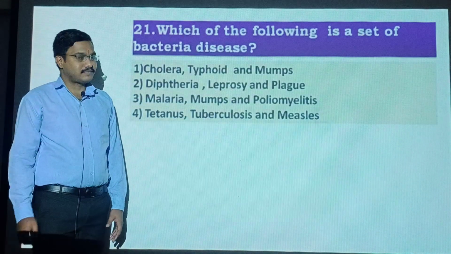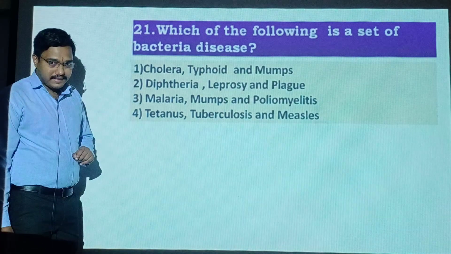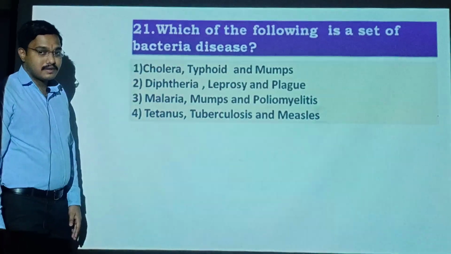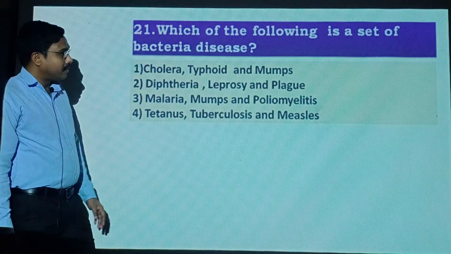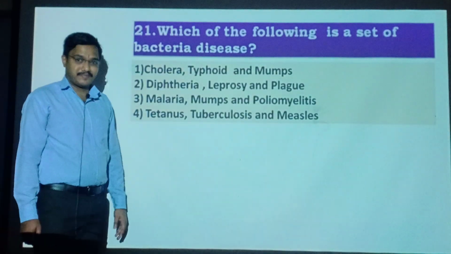See here. In option 1, cholera and typhoid are bacterial diseases, but mumps is a viral disease.